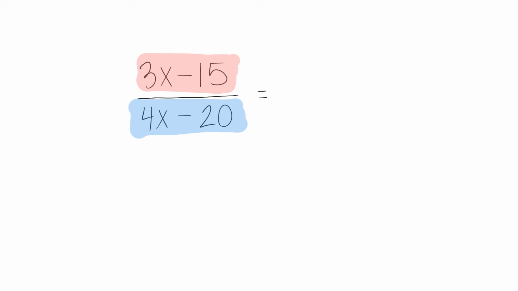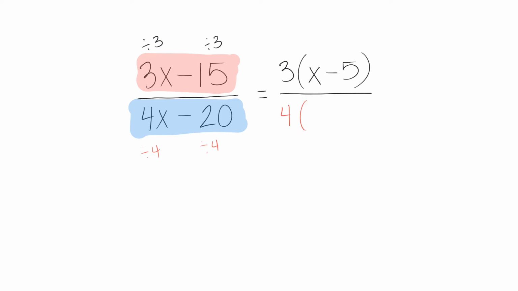In the numerator, 3x minus 15. 3 and 15 can both divide by 3. So I'm going to go ahead and do that. And that's going to leave me x minus 5. So 3 times x minus 5. In the denominator, 4 and 20, what do they both divide by? Well, they both divide by 4. So if I factor out a 4 here, I'm going to be left with x minus 5.